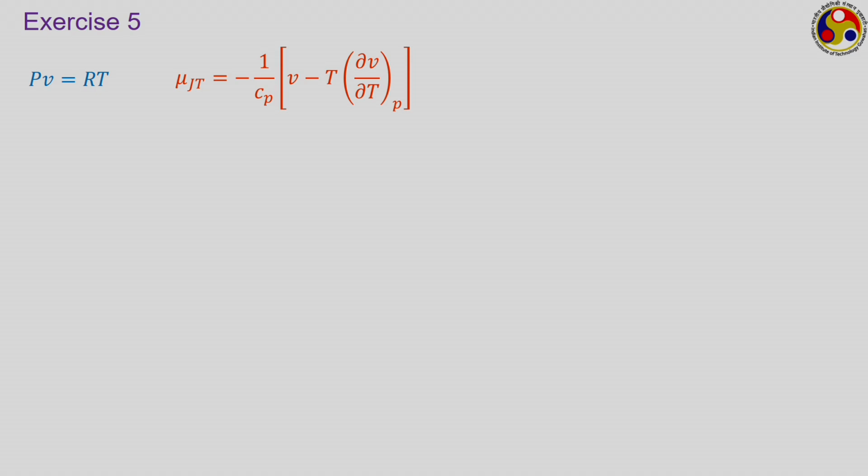Now, this is the expression for Joule-Thomson coefficient. To get this, let us get this (∂V/∂T) first for this ideal gas.